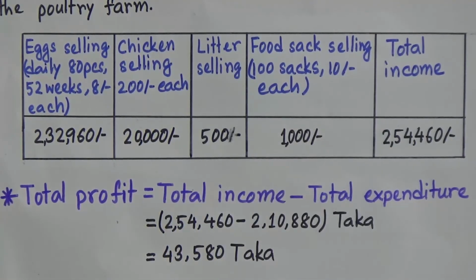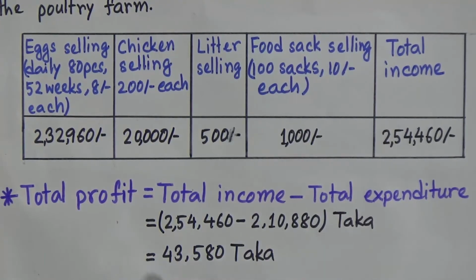Now we will find out our total profit, for which we rear our poultry. To find the total profit, we will deduct total expenditure from the total income. Our total income is 2,54,460 taka, and our total expenditure is 2,10,880 taka.